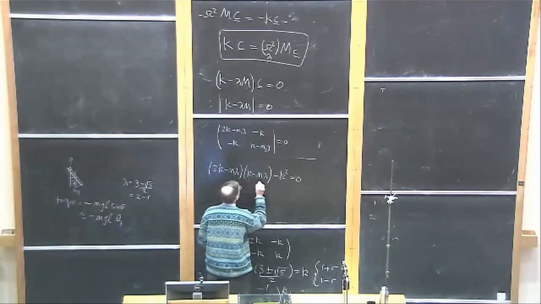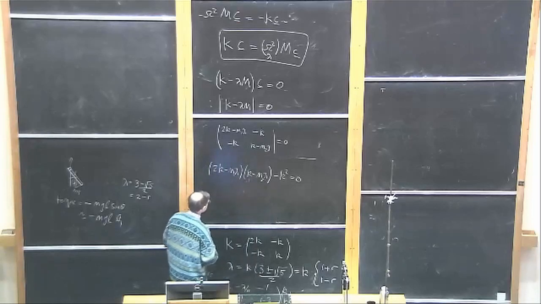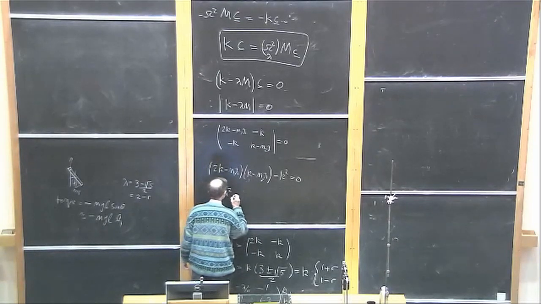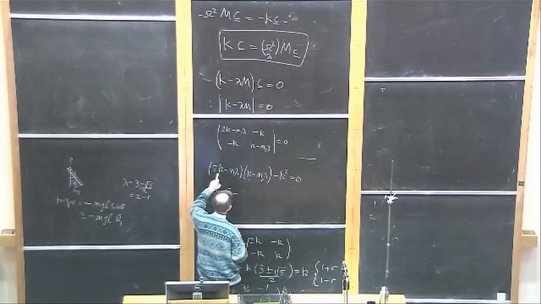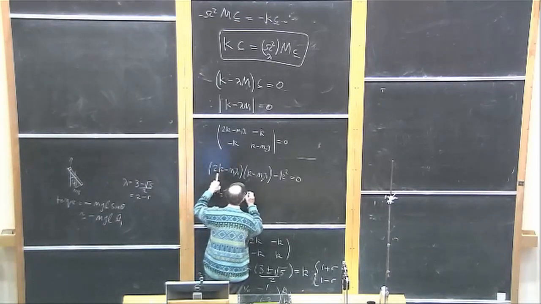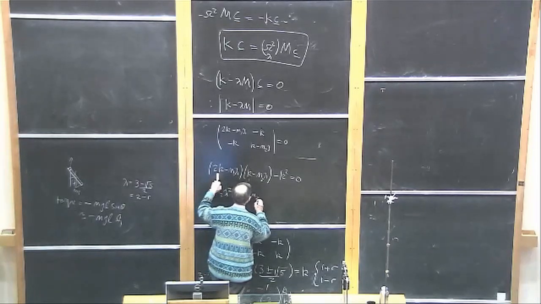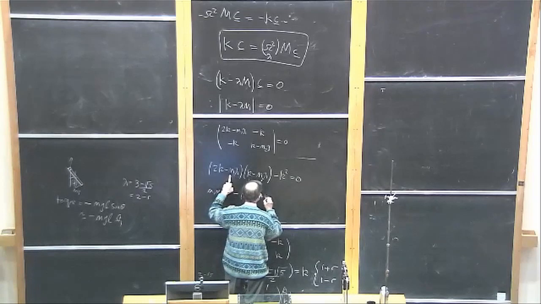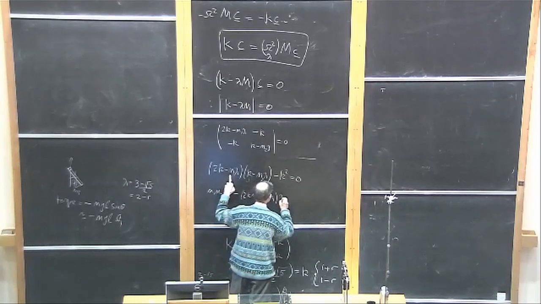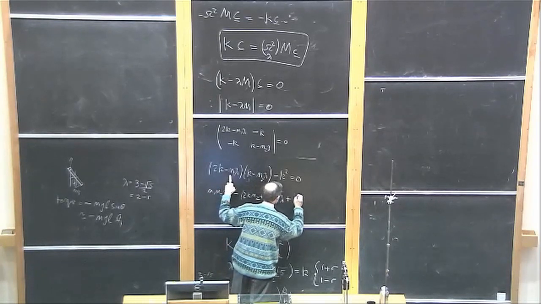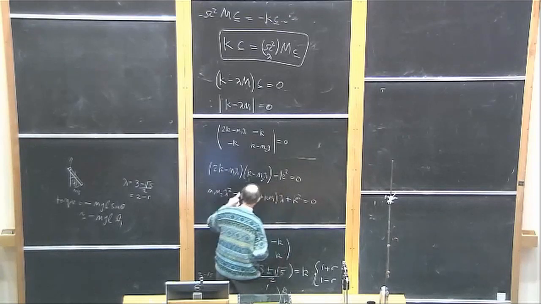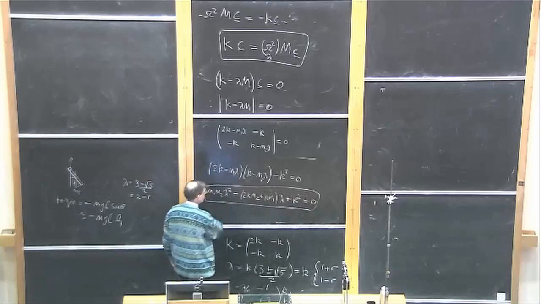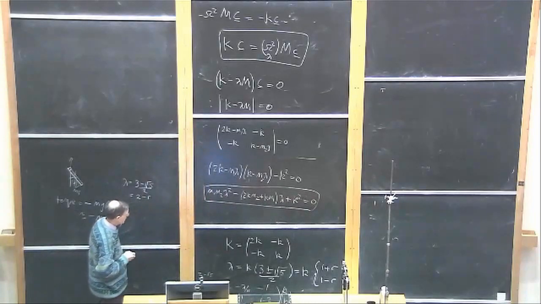So that's m1 m2 lambda squared minus (2k m2 plus k m1) lambda plus k squared is naught. So that's the quadratic whose roots determine the eigenvalues.